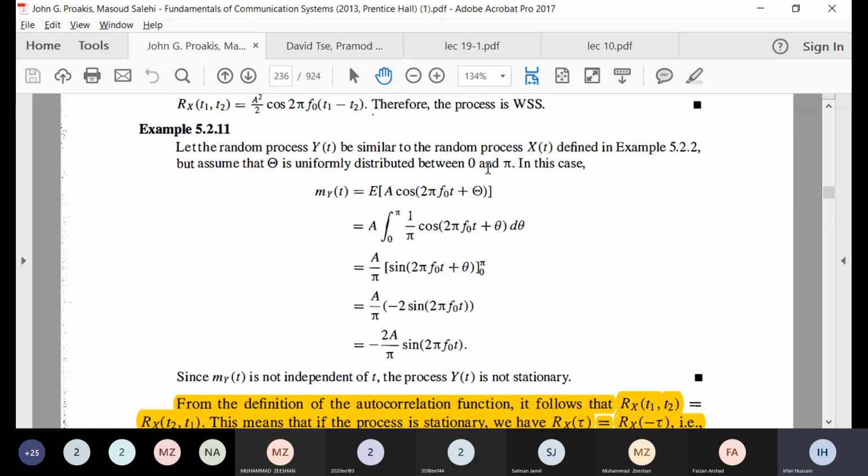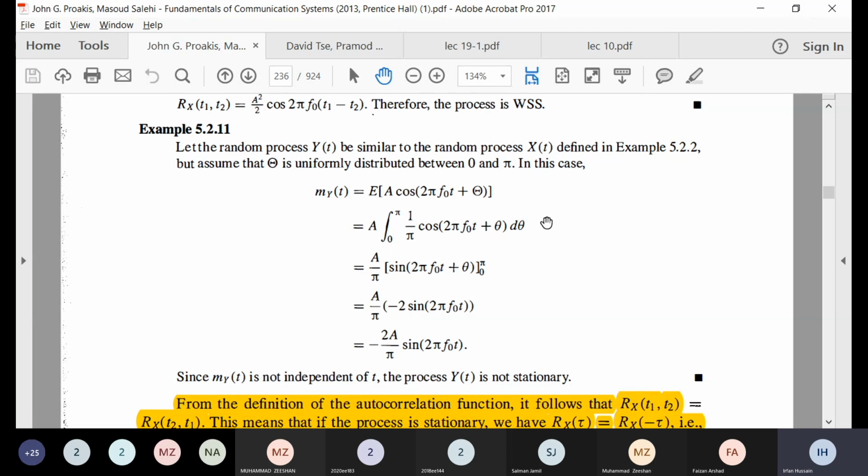All right. Let us find its mean. The mean will be the PDF of this theta, which is 1 over pi, because now it is uniform from 0 to pi. It will be 1 over pi. A comes outside, then cos of this thing.